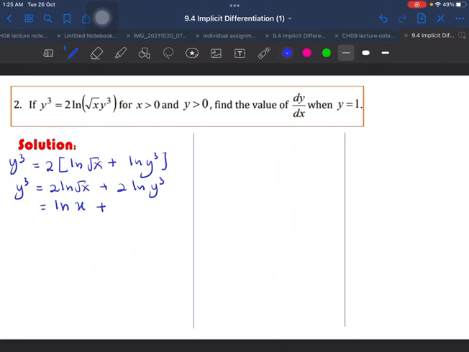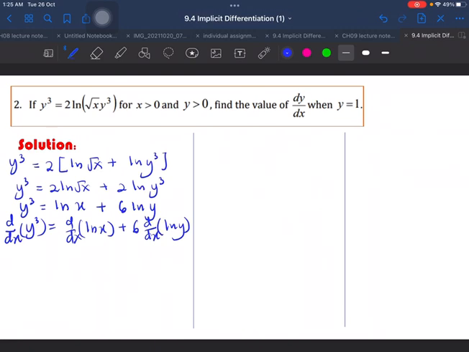Sama ada kita tulis sebagai 6 ln y or ln y to the power of 6, sama aja. And then we differentiate both sides. D over dx of y cube equal d over dx of ln x plus 6 d over dx of ln y.